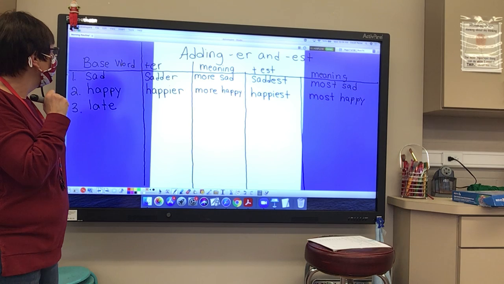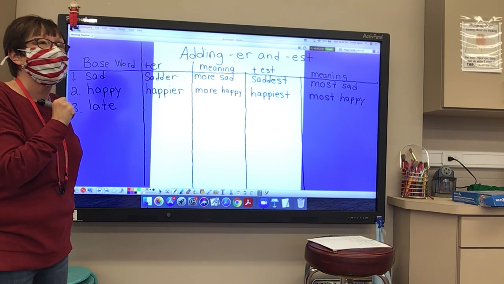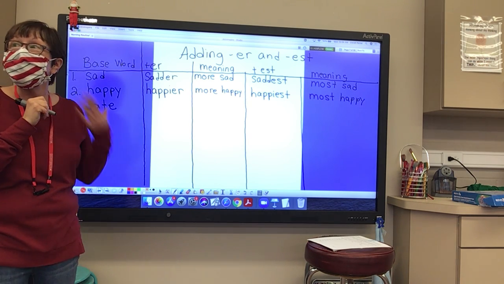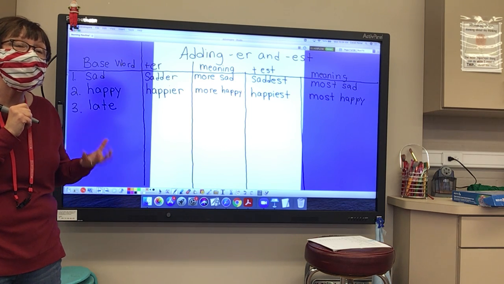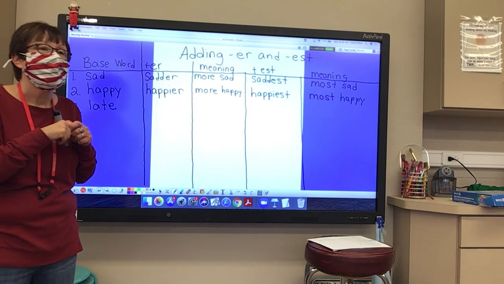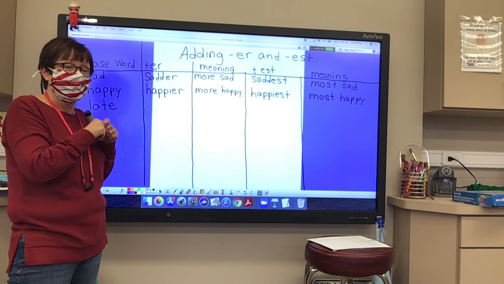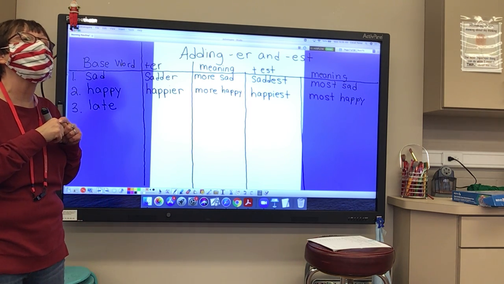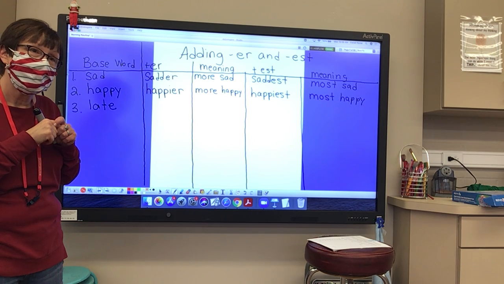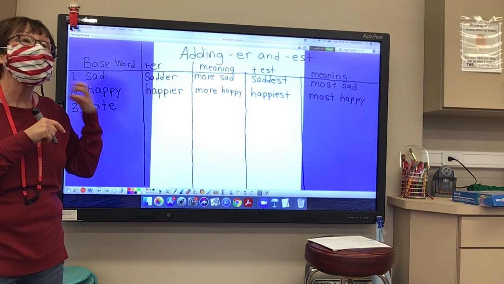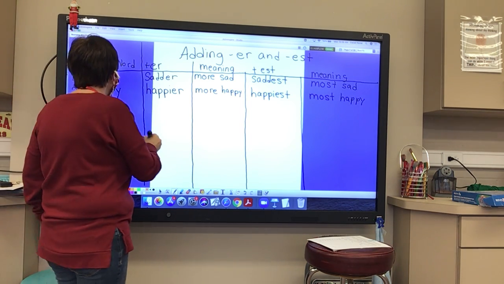Olive. What is late plus ER? Later. And this has a rule too. What do we have to do to this one, Olive? You don't add another E. We drop the E and then you add ER. So how do we spell it?